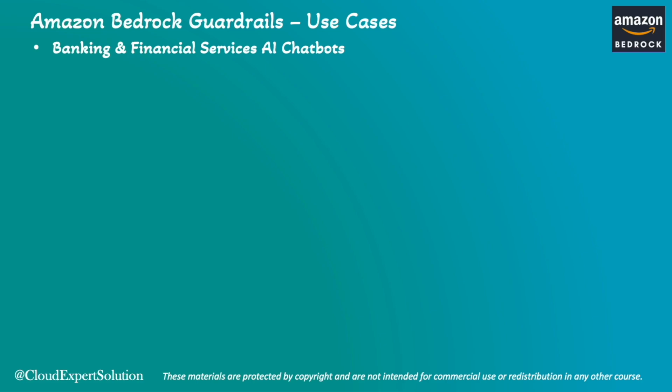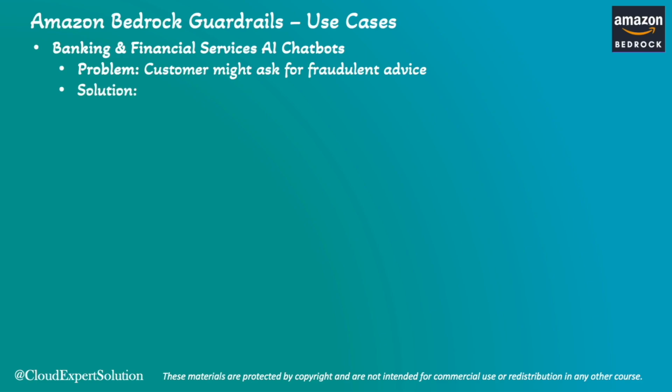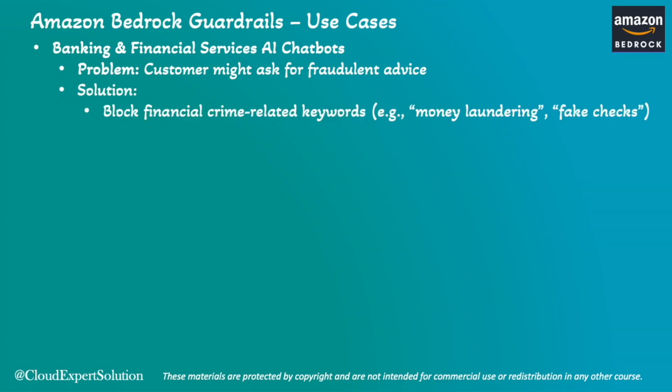We will start with banking and financial services AI chatbots. Let's assume a problem statement where a customer might ask for fraudulent advice, that is how to scam a bank. The solution is to block any financial crime related keywords like money laundering, fake checks, and then redact account numbers, SSN numbers, credit card details.